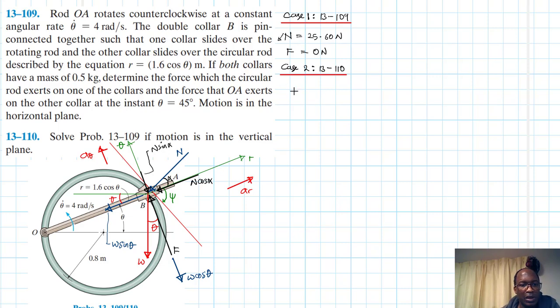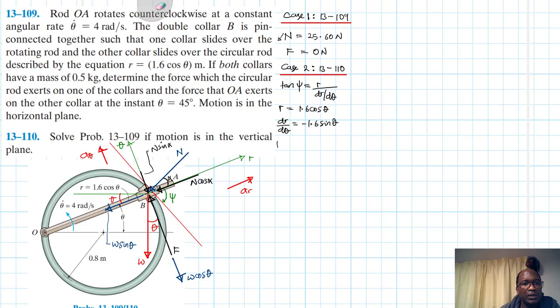Alright, let's move on. So we know that tan psi is just equal to r divided by dr/d theta, and our r is just equal to 1.6 cos theta. Therefore our dr/d theta is just equal to minus 1.6 sin theta.